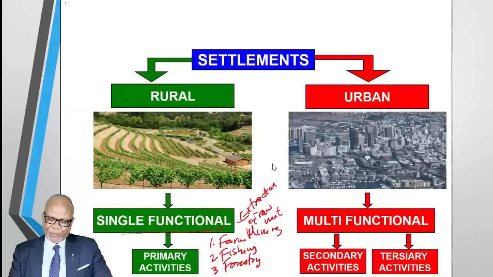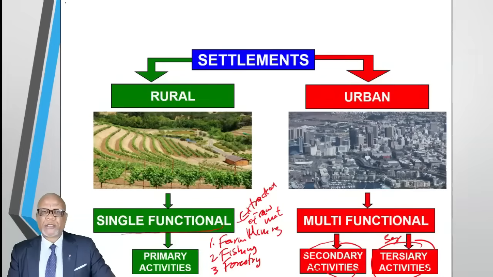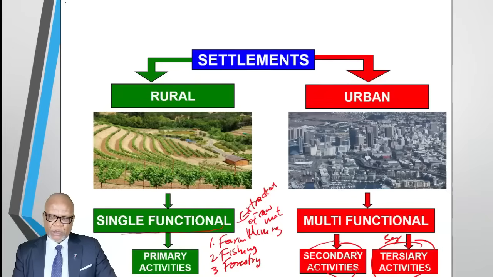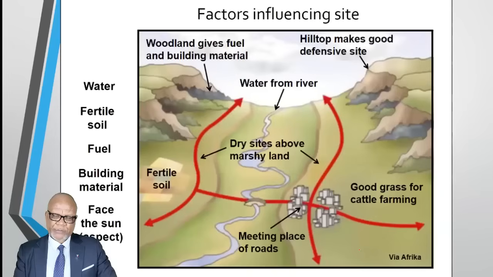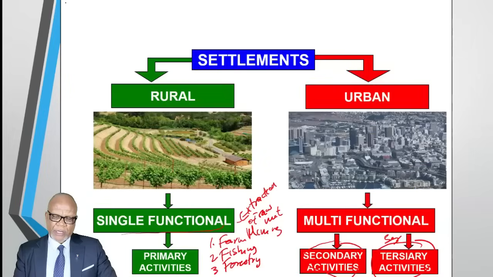So your urban settlements have got two types of activity: secondary activities and tertiary activities. So what is tertiary activities? This is services, and secondary is manufacturing. So this is classification of settlements according to function.